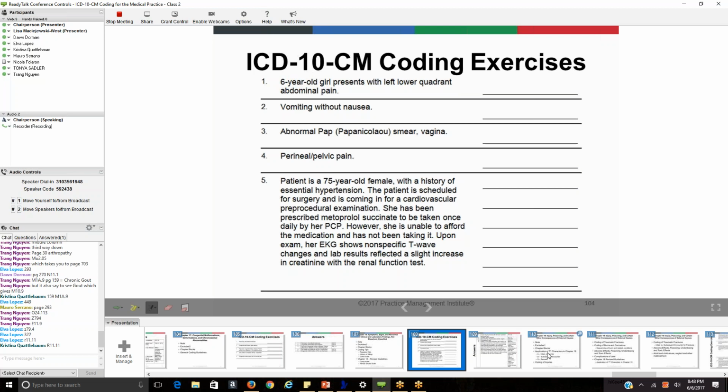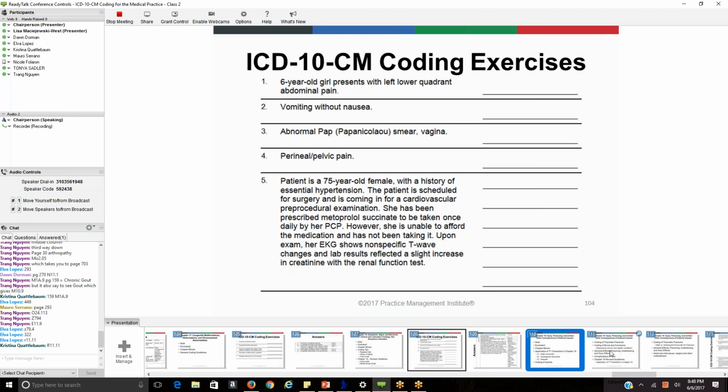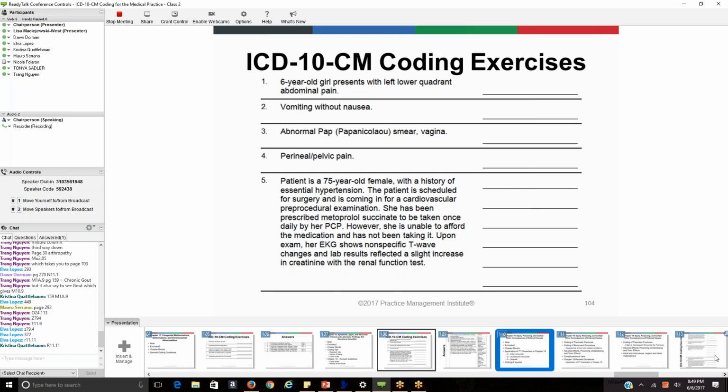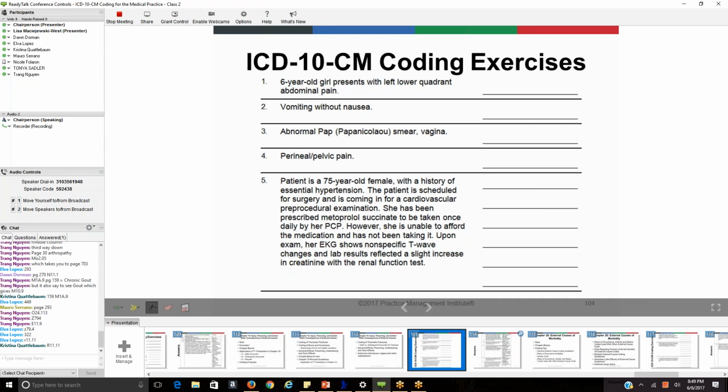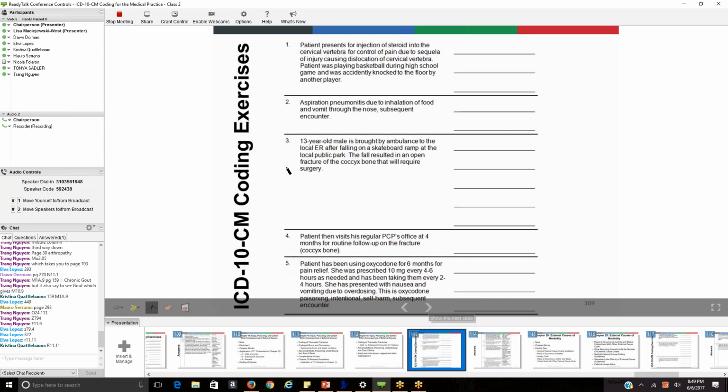Hold on a second. Chapter 19, let's move over. Here we go. There we go. We're going to code number 3 together.